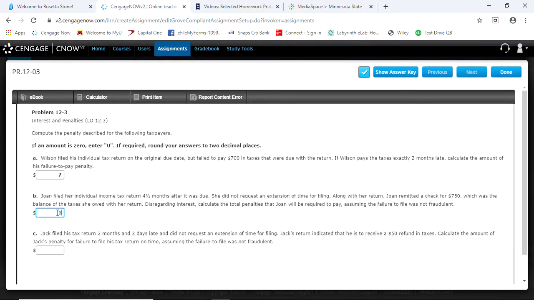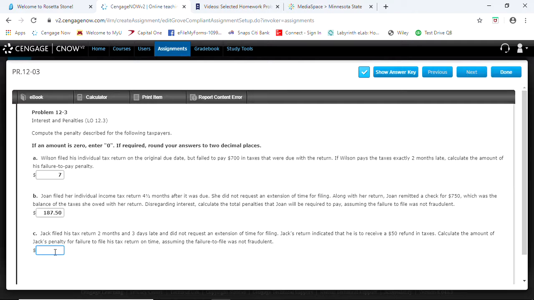So that was $187.50. And let's look at one more example here. Jack filed his tax return 2 months and 3 days late, did not request an extension of time for filing. Jack's return indicated that he is to receive a $50 refund in taxes. Calculate the amount of Jack's penalty for failure to file his tax return on time, assuming the failure to file was not fraudulent.